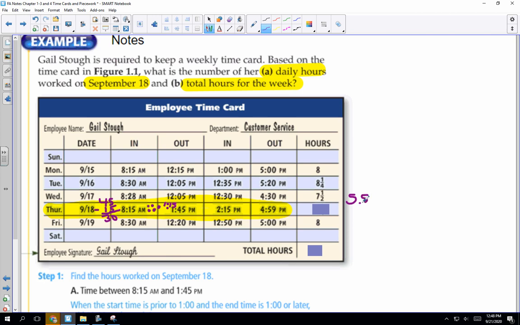or 5.5 hours. Those of you who took notes last week wrote this down, but I'm going to go over it again because you're going to need it for your Chapter 1 test.